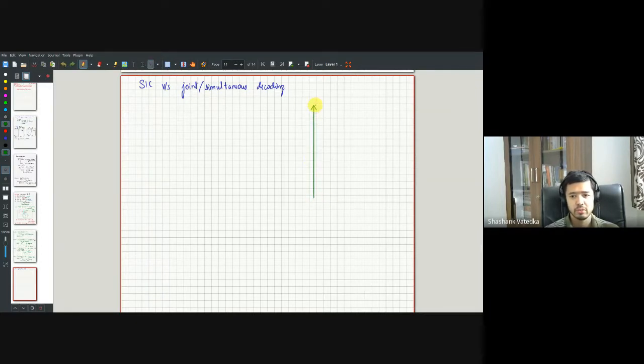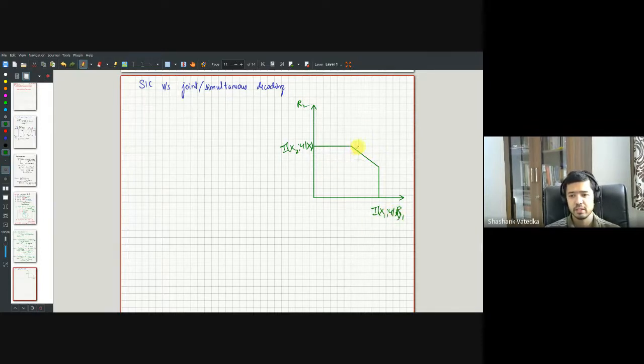So let's look at one such pentagon. Say this is R1, this is R2, this is I of x2, y given x1, this is I of x1, y given x2.